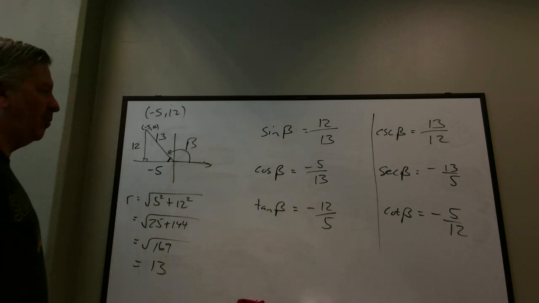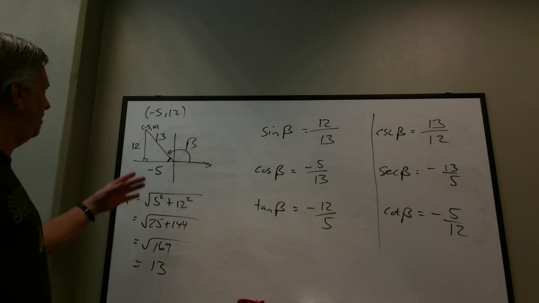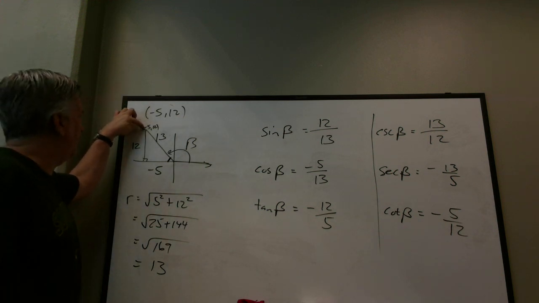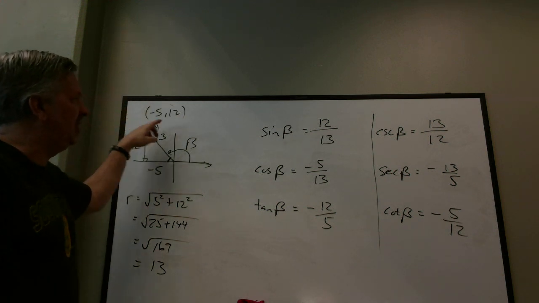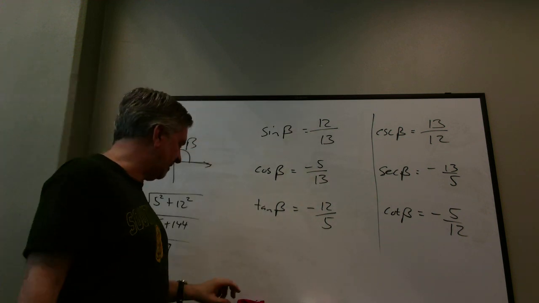Okay, so that's one type of problem they'll do. They'll give you a point on the terminal side of the angle in standard position, and you find the six trig functions.